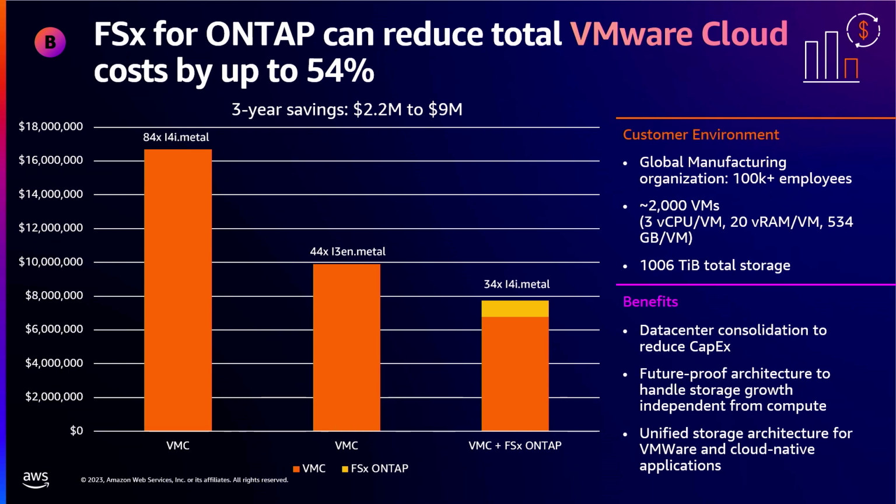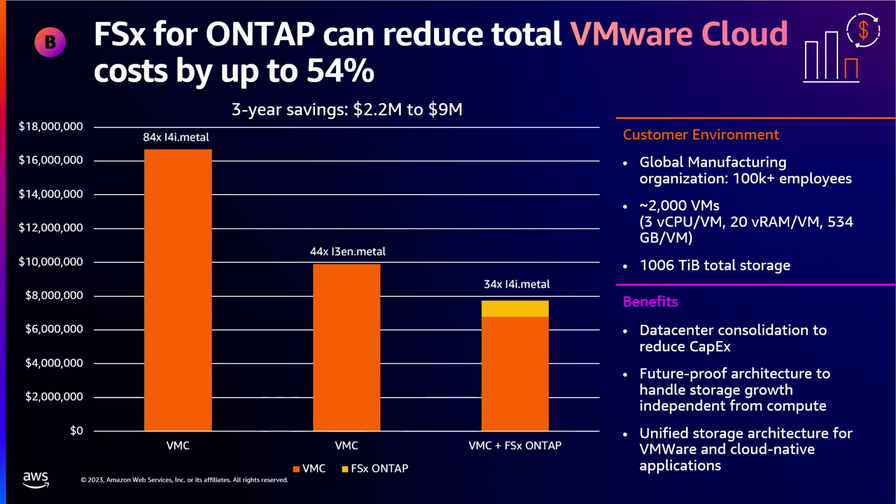This is actually a real customer example we worked with, who is looking to migrate about 2,000 VMs over to VMware Cloud on AWS. What the two leftmost columns on this slide show you is that there are two different server options available on VMware Cloud, an i4i and an i3en. Each of these has different amounts of storage, with different ratios of storage to RAM to CPU.